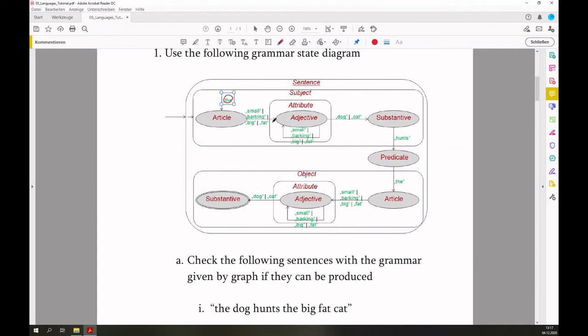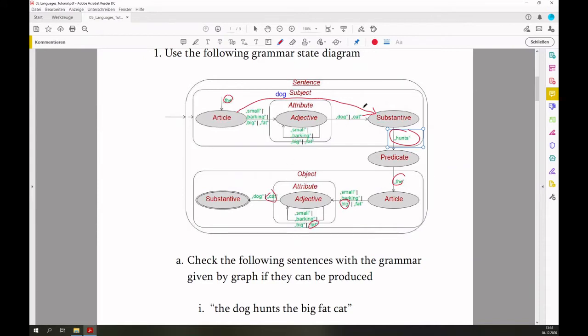We need dog, so we need a jump to here, and would have the token dog here, which is this, and then the dog hunts the big fat cat.